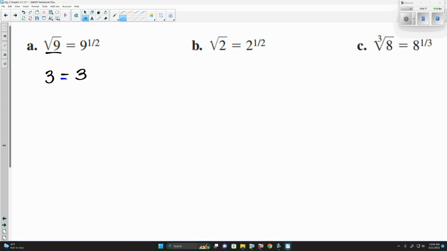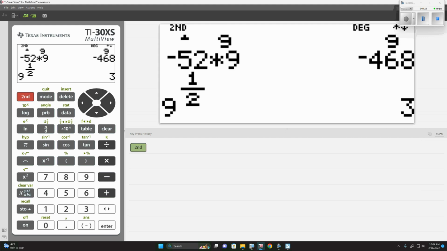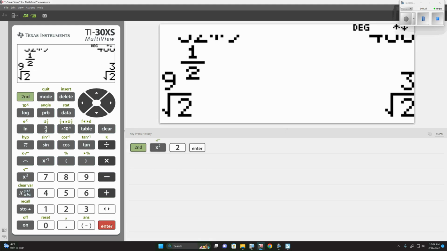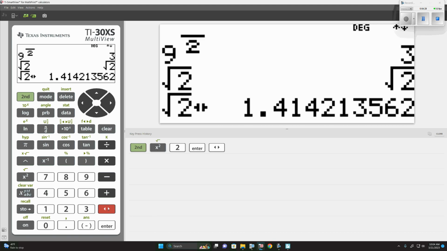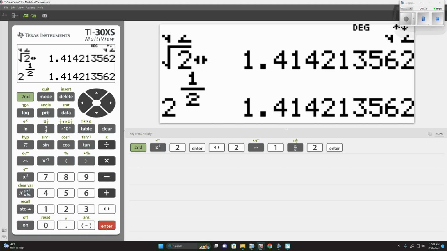Now the square root of 2. If we go second, square root, 2, it gives us the square root of 2, or if we approximate it, we get this decimal here. Now we can do 2 to the 1/2, and see that we get the exact same decimal. They are the same.